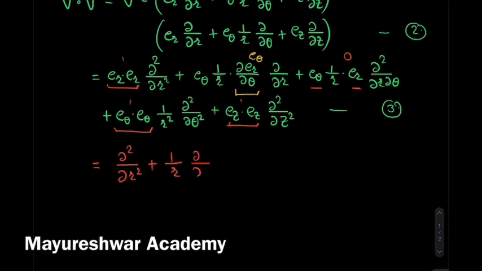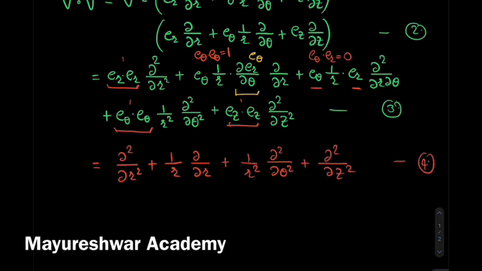So let us write down the operators that remain. So 1 over R, this will be a unit entity, plus E theta into ER is 0, so we will ignore that term, and then 1 over R squared second derivative with respect to theta and the second derivative with respect to Z. So that is equation number 4.